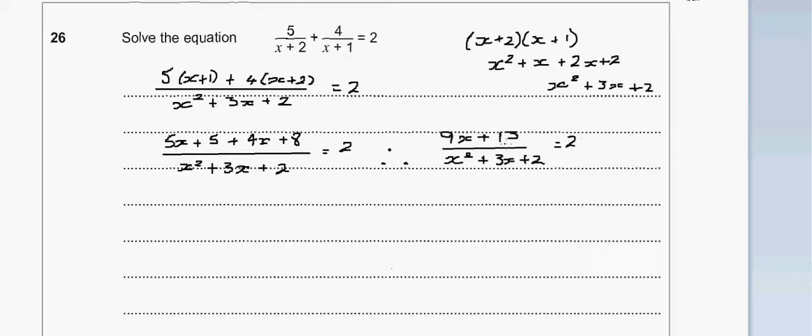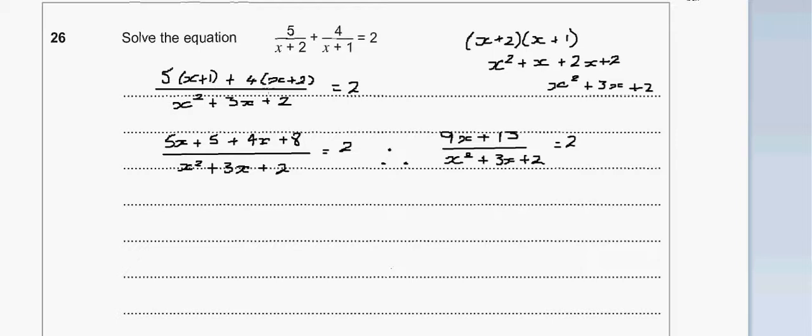Okay, so this is the bit that people are frightened of. But you multiply the denominators together, this gives you the lowest common denominator. Now this will go into this many times, so these need to be multiplied like this.